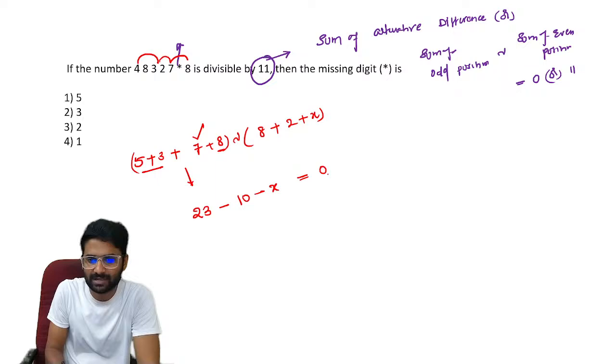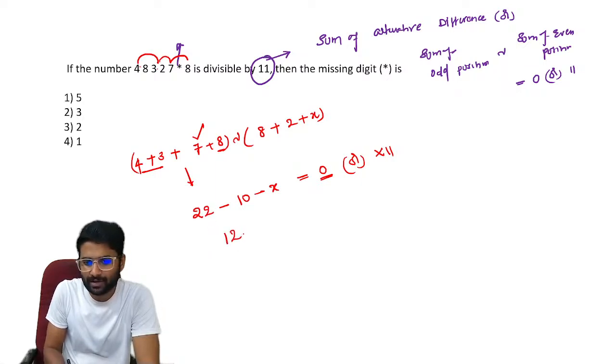I clearly mentioned that the difference should be either 0 or a multiple of 11. So for the sum, it's 4 plus 3 plus 7 plus 8, minus 8 plus 2 plus x. So this is 22. Now finally you get 12 minus x is equal to 0 or a multiple of 11.